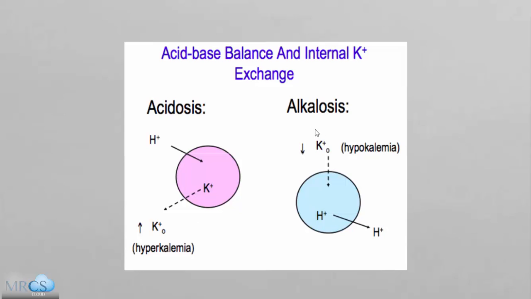Otherwise, in alkalosis, the body needs more hydrogen from the cells, so potassium goes inside the cells and hydrogen goes out to correct the alkalosis in the blood, causing hypokalemia. You should know this concept when you think about causes and about treatment of hypo or hyperkalemia.